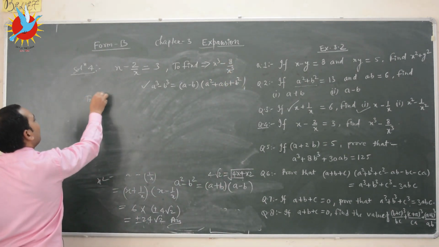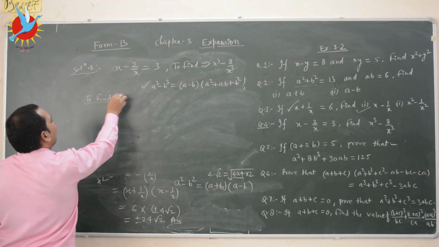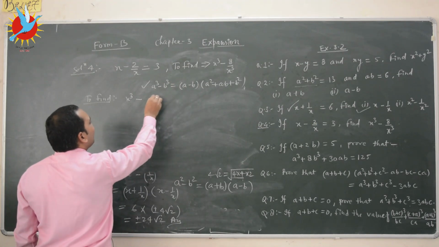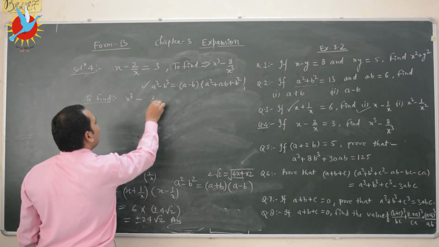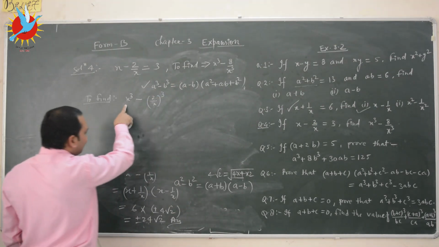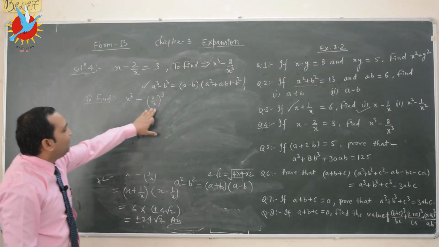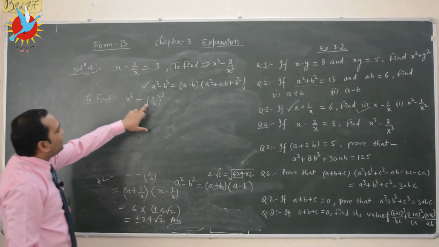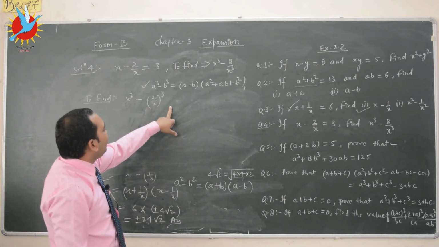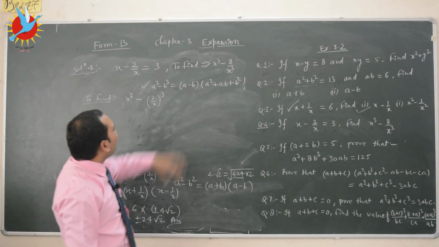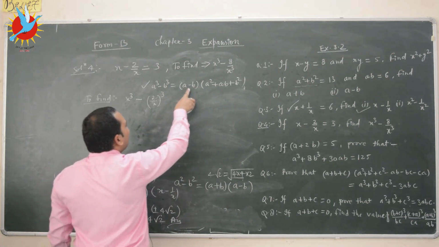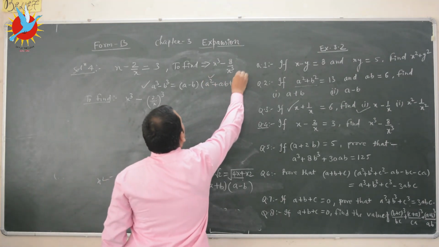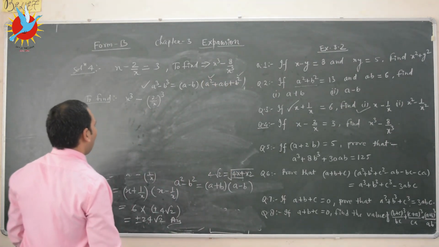And we have to find x cube minus 8 upon x cube. Here x cube minus 8 upon x cube is the cube of x minus the cube of 2 upon x. This is also a cube minus b cube. So if we want to find a cube minus b cube, we need a minus b, that is x minus 2 upon x, and a square plus ab plus b square also.